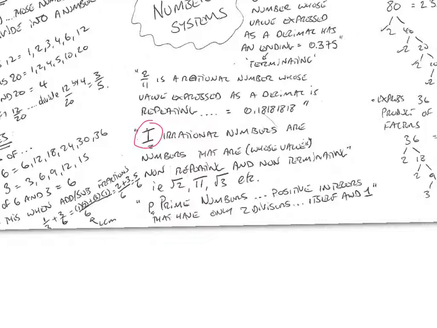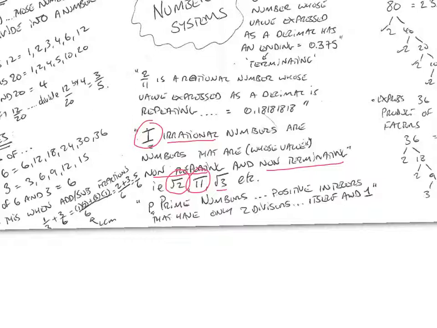Which brings us on to the set of numbers represented by the capital letter I, the irrational numbers, and these are numbers whose value is non-repeating and non-terminating. So if you were to put into your calculator the square root of 2, or the square root of 11, or the square root of 3, or pi, you'd see that the value the calculator would give you would be non-repeating and non-terminating, going on forever with no set pattern.